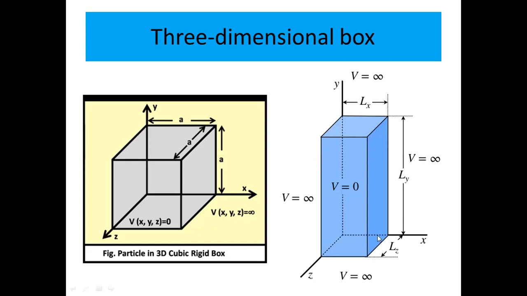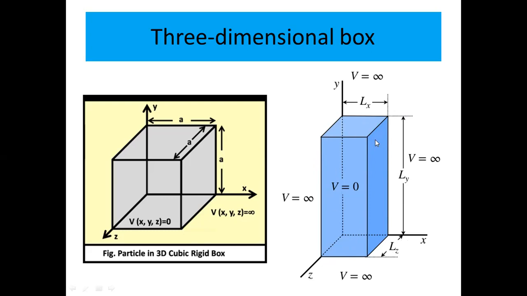So this is the movement of the particle along the x-axis, having the length Lx, and the movement of the particle along the y-axis, with the length of the box along the y-axis. In a similar way, this is the z-axis, and this is the length of the box along the z-axis.